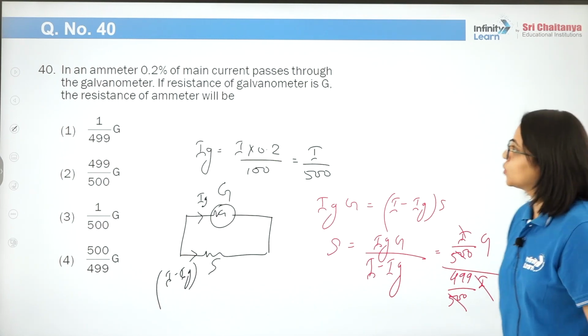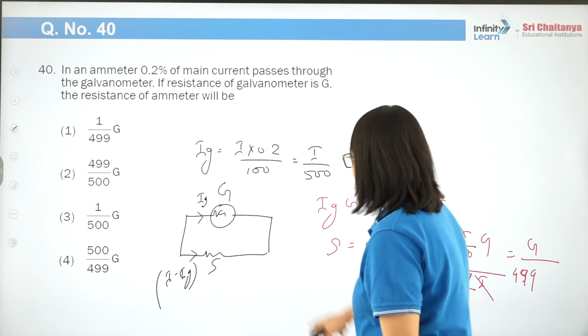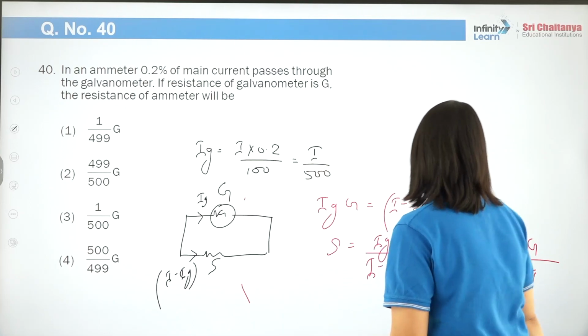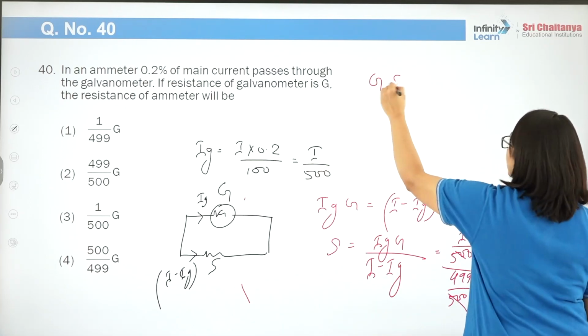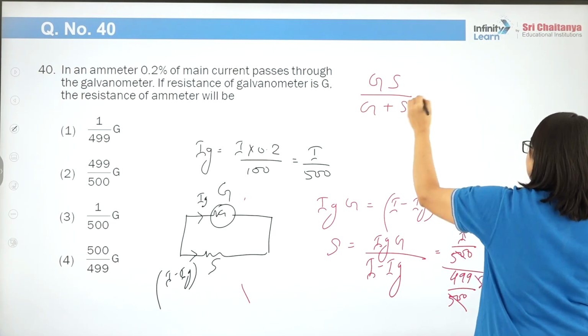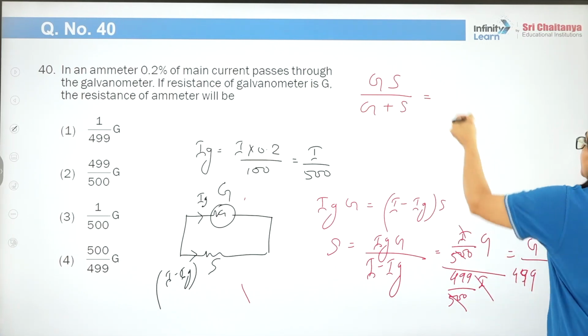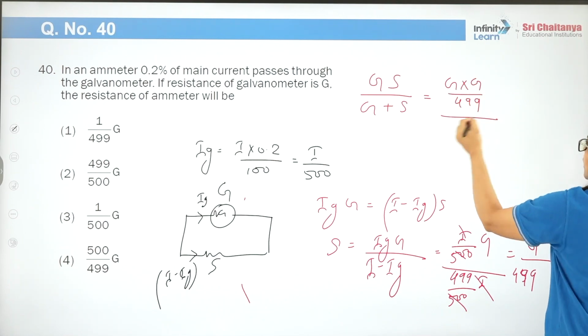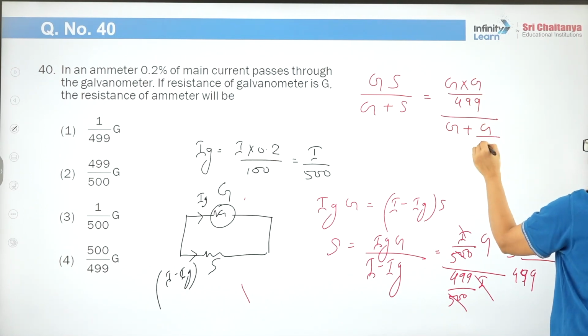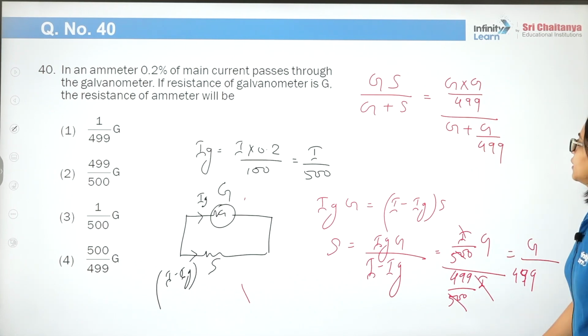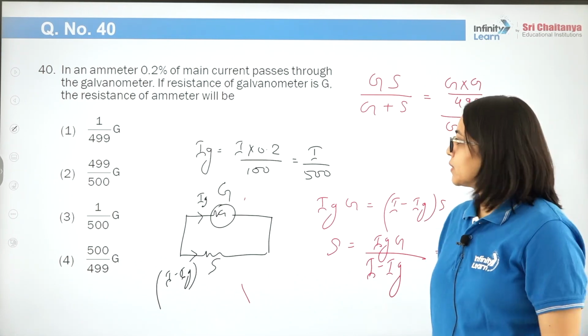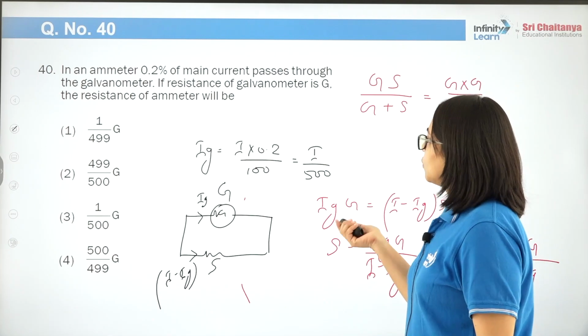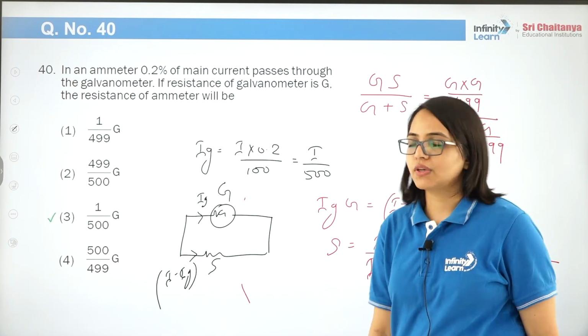But we need to find the total resistance of the ammeter, which is the parallel combination of G and S, which is equal to G into S divided by G plus S. G is G, S is G upon 499. After solving this, you will get the total resistance of the ammeter as G upon 500, which is option 3.